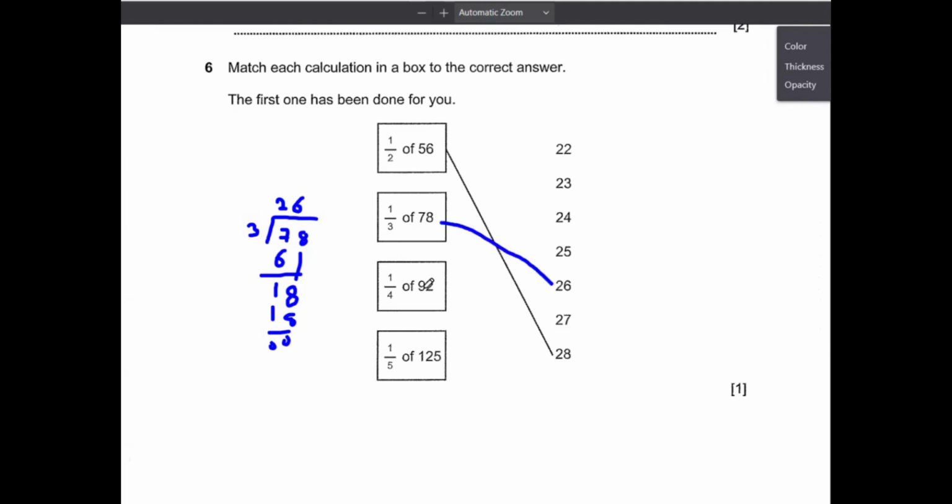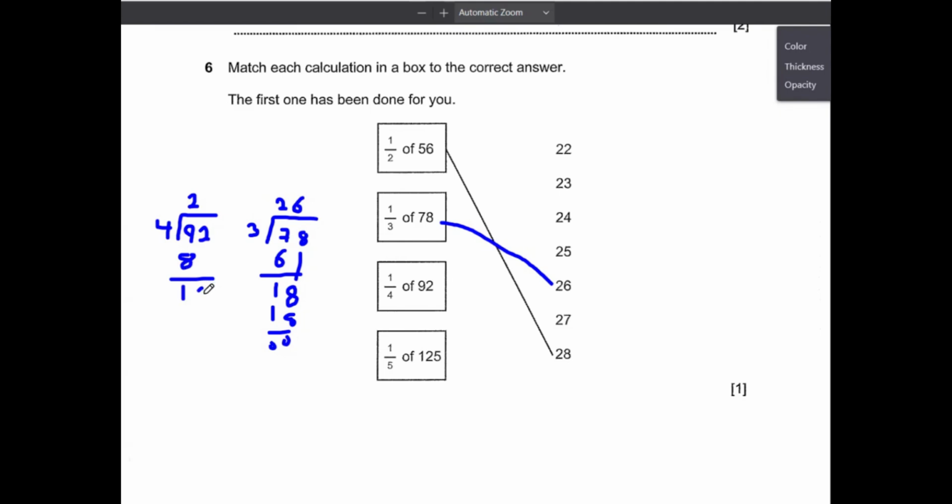Then we have a quarter of 92. With the same idea, you just divide 92 by 4. You have got 8 in table 4, which is equal to 2, and remainder 1.